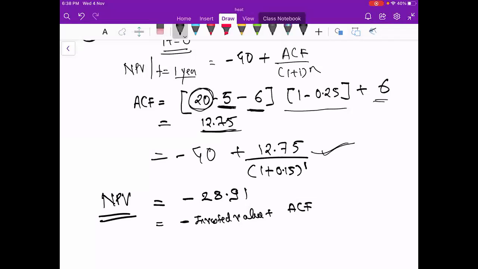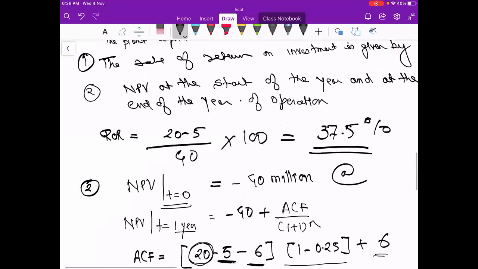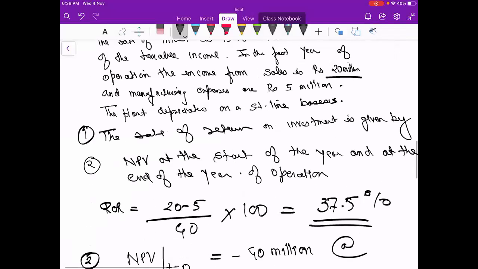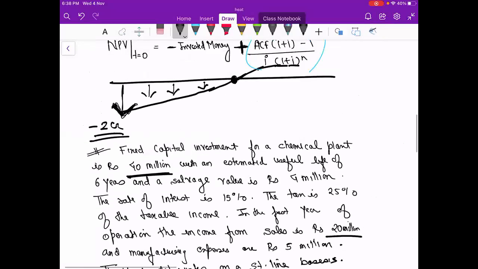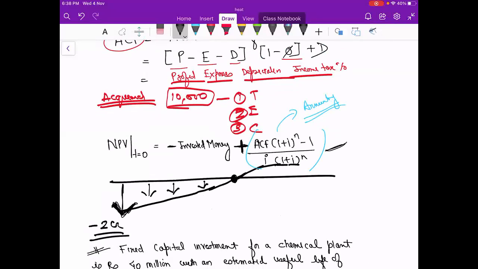This is the same formula which I have written here. Then what is the change here? Okay, Ranjan, there is no change here.